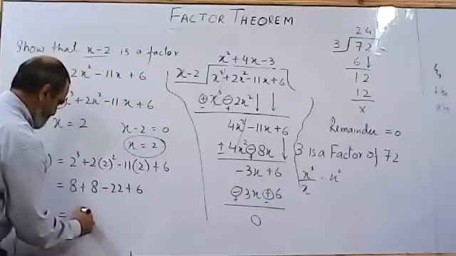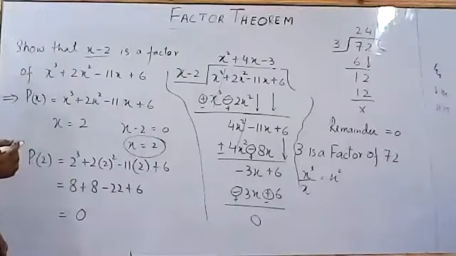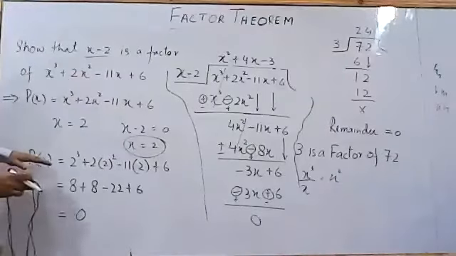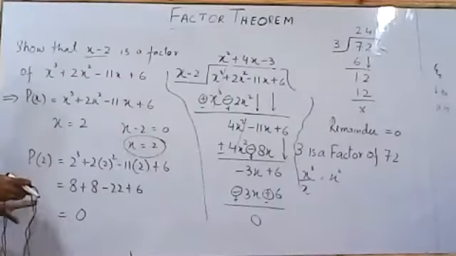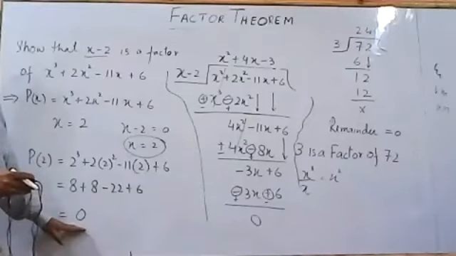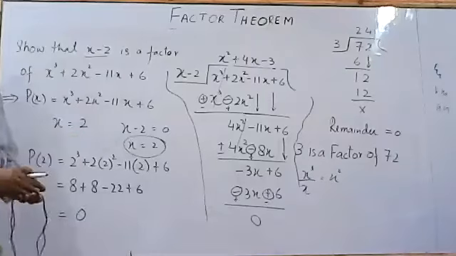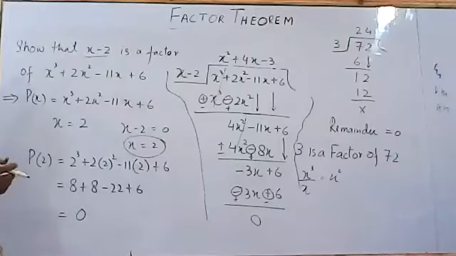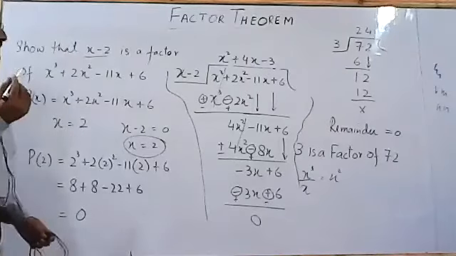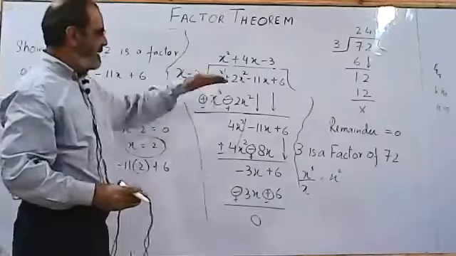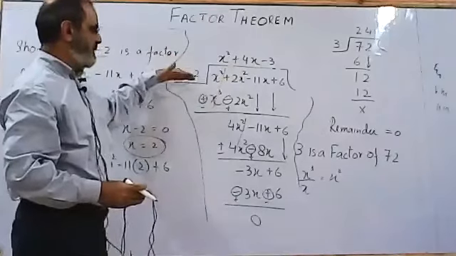That is equal to 0. So it also proves that when we substitute 2 in place of x, the polynomial's value comes out to be 0. So this technique is called the factor theorem. So there are two ways. One is the basic technique: you divide the polynomial by the given factor.